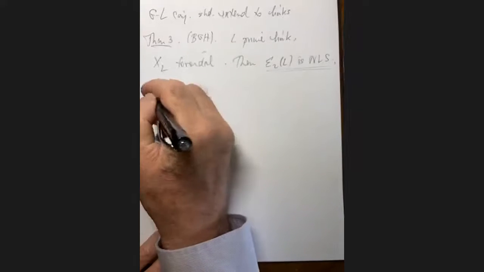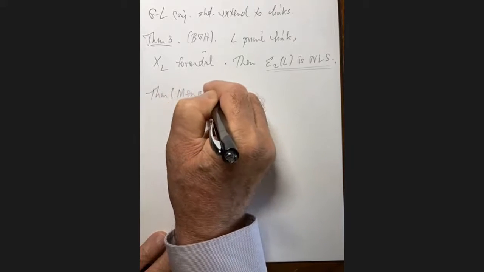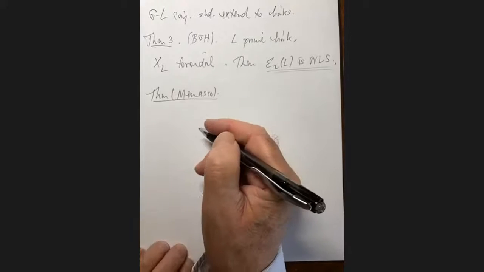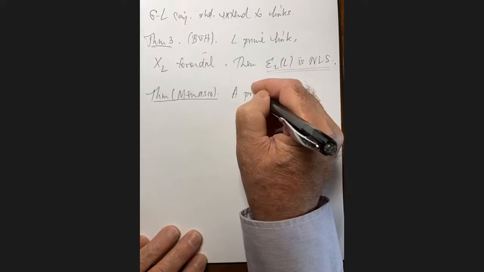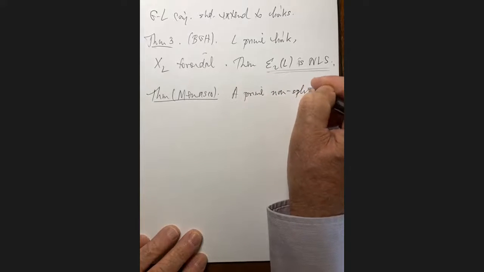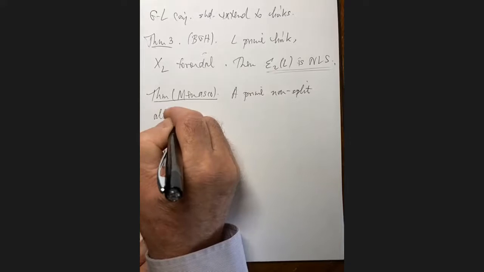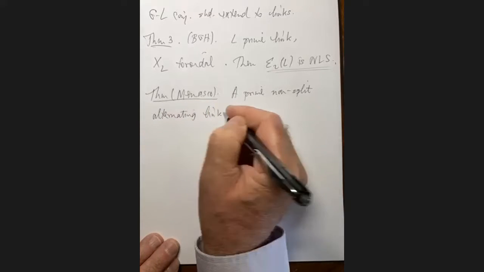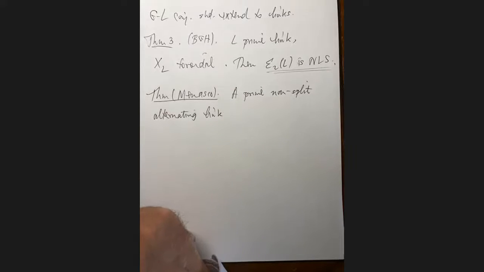So let me remind you of this classical theorem of Menasco, proved before many of you were born, I have no doubt. It says that if you have a prime non-split alternating link, then it can't be a satellite.